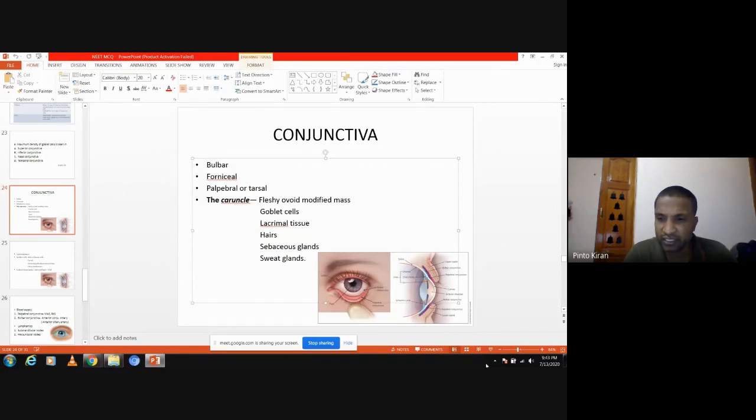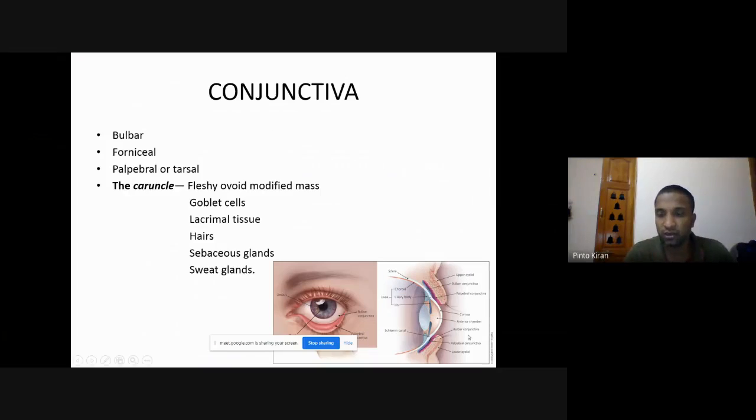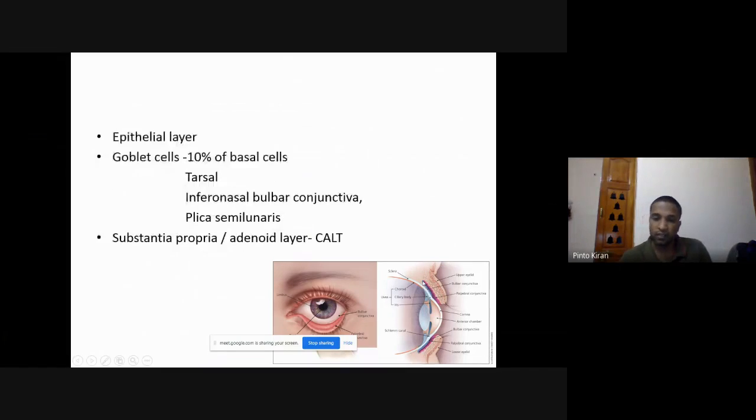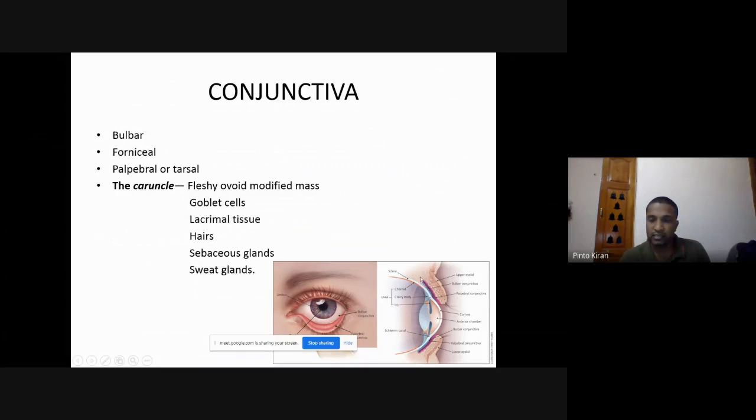If you look into this diagram, this is again a cross section. This is the eyelid. This pink colored structure is the palpebral conjunctiva. At the margin, this is the tarsal part. At the junction, the superior apical part is the fornix conjunctiva.